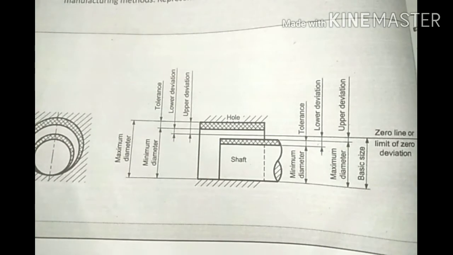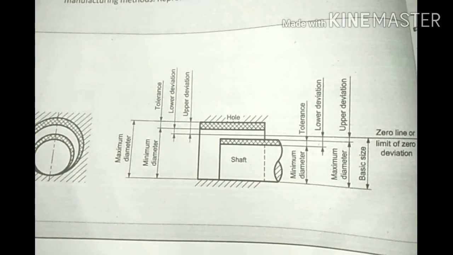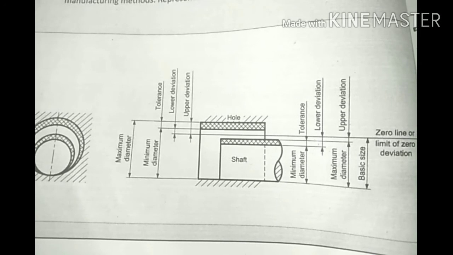So limits and tolerances. The object of all modern machining methods is to produce a component to absolute accuracy, which is not possible in actual practice, or the product to be manufactured with exact measurement is not possible in actual practice, particularly in a mass production system.